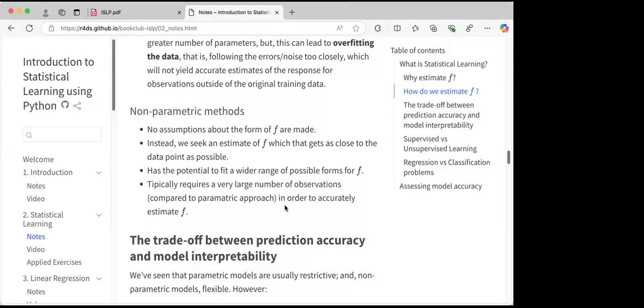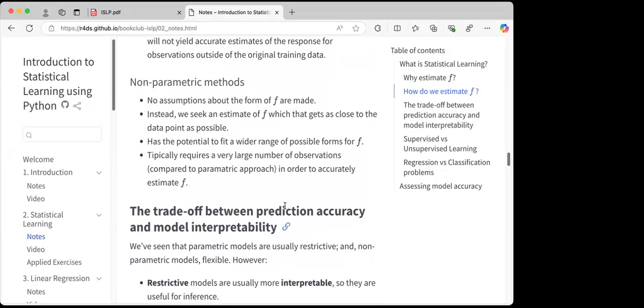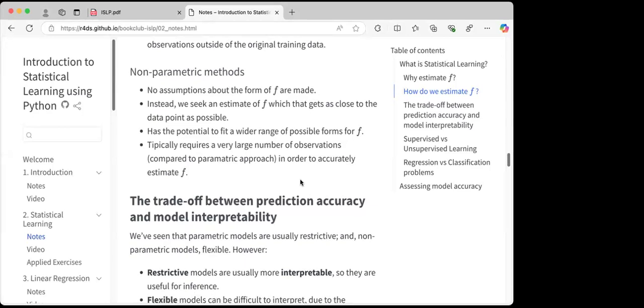A non-parametric method has the potential to fit a wider range of possible forms of F, but it requires a large number of observations compared to a parametric method. It seems most of the problems we'll be dealing with in this book will be making some assumptions about the functional form of F. If someone has any thoughts on this, feel free.